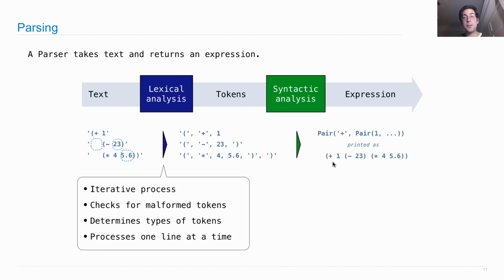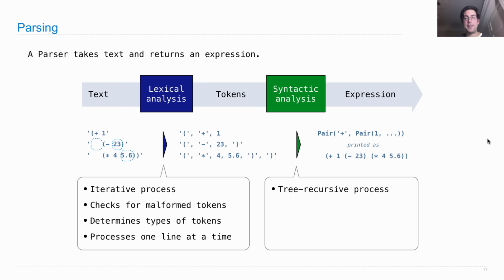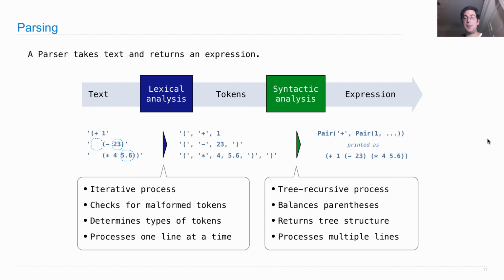We've actually figured out the structure of this thing, balanced all the parentheses, meaning we verified that they were balanced in the input, and created this nested pair structure, which happens to be printed out in a nice clean way in scheme expressions. So this is a tree recursive process. It balances parentheses. It returns a tree structure represented by pairs, and it processes multiple lines.